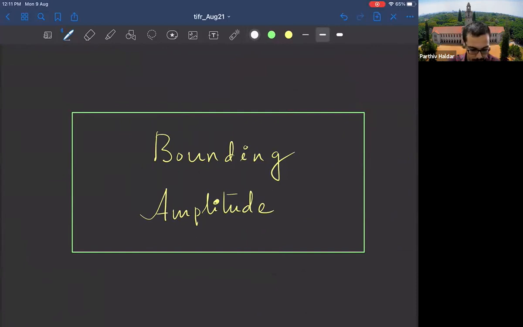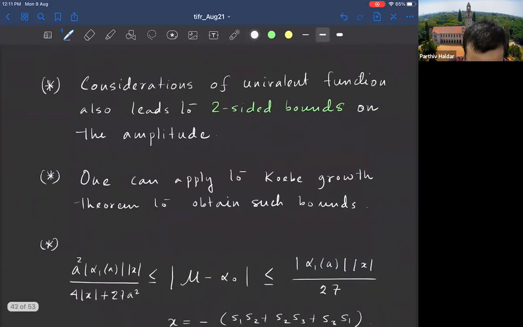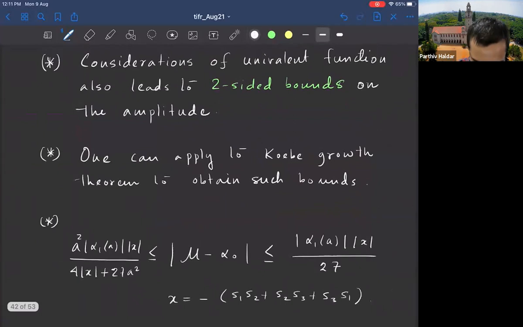We saw just the bounds on the Wilson coefficients, but using the same principles of univalence, you can put bounds on the amplitudes themselves. And that leads to two-sided bounds on the amplitude. The theorem that we apply to obtain these bounds is the so-called Koebe growth theorem, just for refreshing memory.